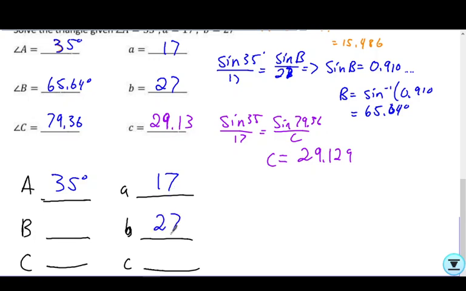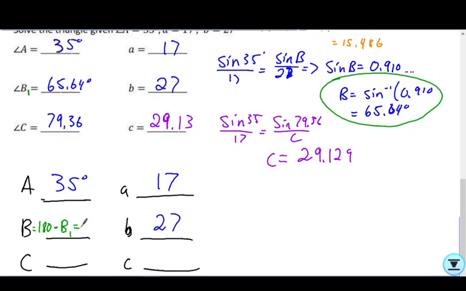To find our second solution, when we solved the first part for angle B, that's where we're going to start our second solution. For our new angle B, we're going to take 180 and subtract B1, our first B.